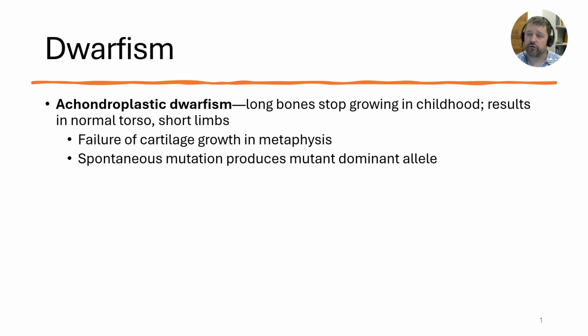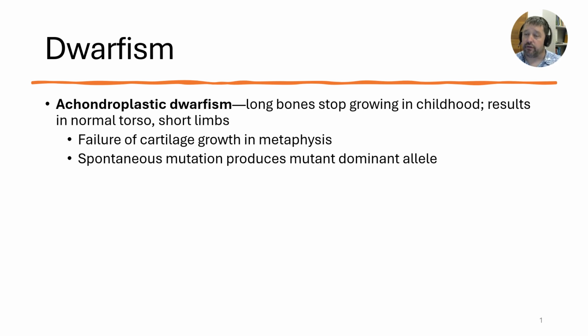The cartilage in the epiphyseal plate doesn't lay down. It doesn't transfer into the metaphysis, where the bone would replace that cartilage. So what happens is the long bones don't extend. The long bones stop growing at a very young age.